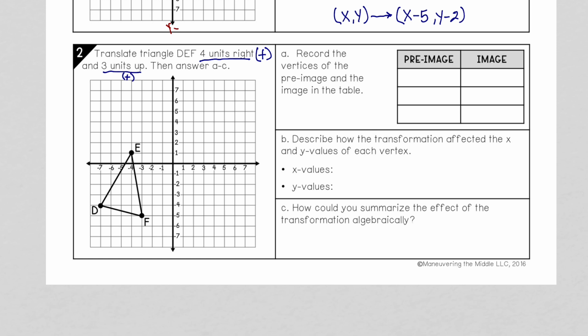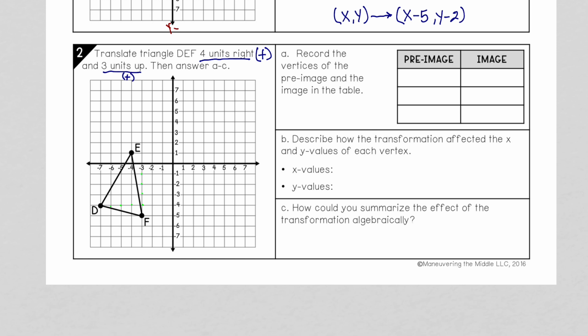So let's take a look at our pre-image point D, right 4, 1, 2, 3, 4, and then up 3, 1, 2, 3.